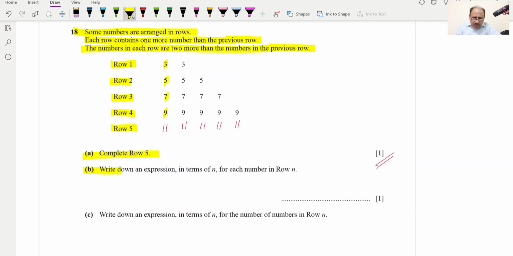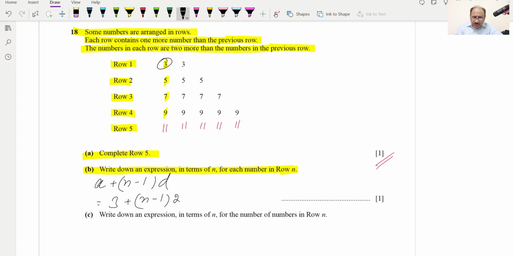B part, write down an expression in terms of n for each number in row n. So in row n we can write down, the formula is a plus n minus 1 into d, and a is this one, 3, so 3 plus n minus 1 into the difference, which is 2.